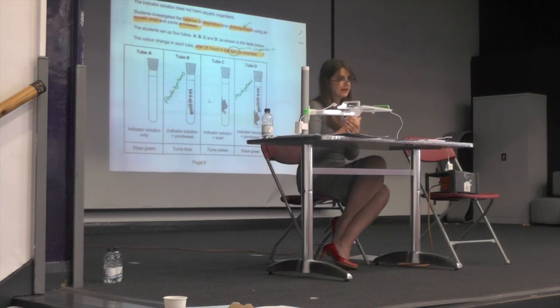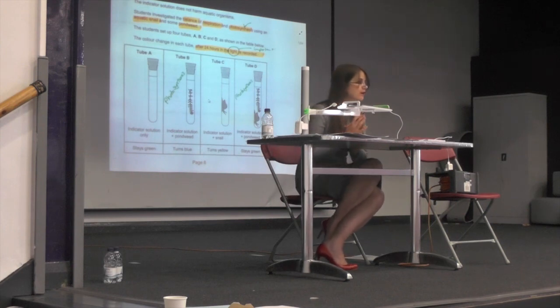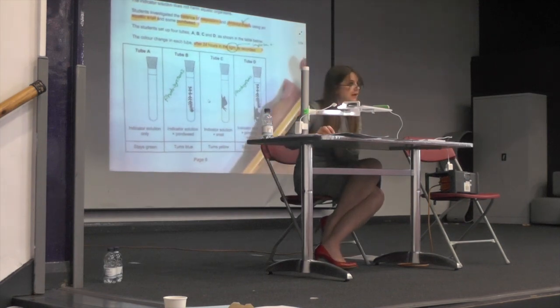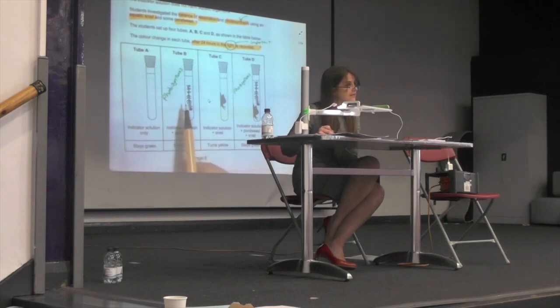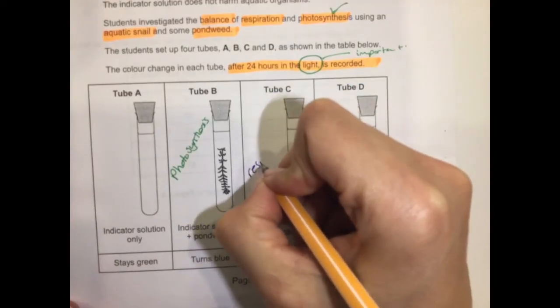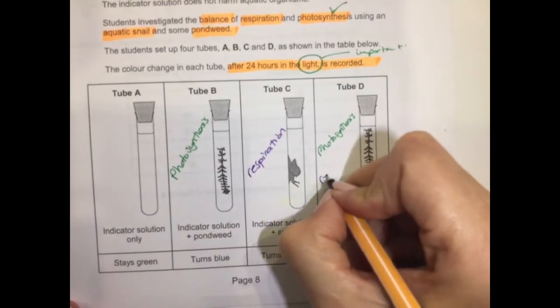When do plants respire? Plants respire at night and they respire during the day. But here, this is only photosynthesis because it's in daylight. So the snail is an animal, it will respire, and it's in there as well, so it will respire.